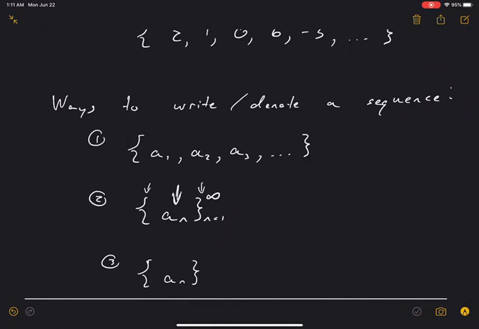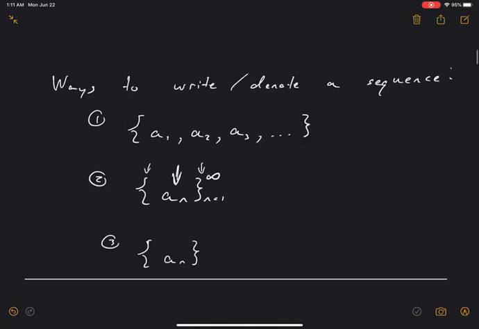Using n is standard, but it's not necessary. We could just as easily use a_k or a_i, something like that. Usually we have a letter here, and then this number here is denoting the order our numbers appear in.